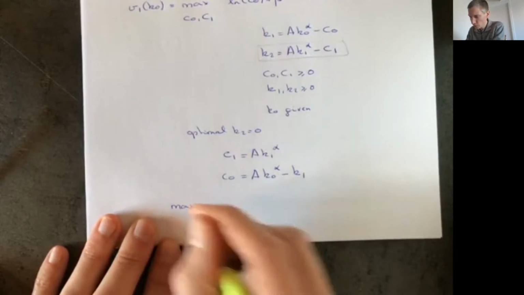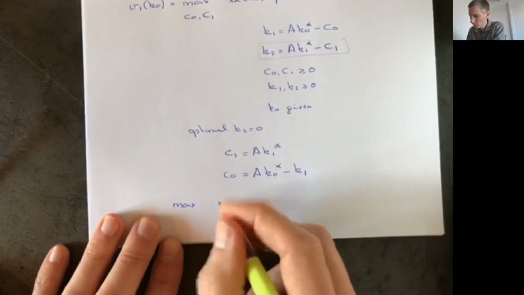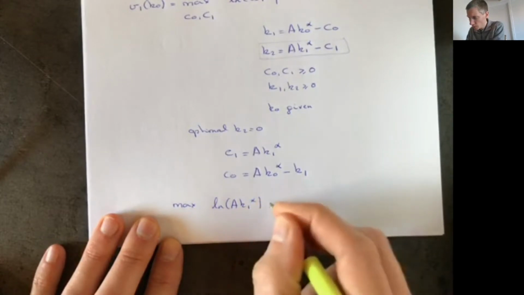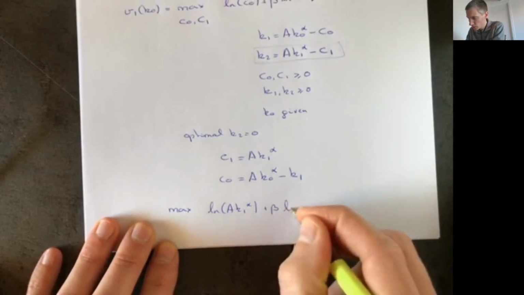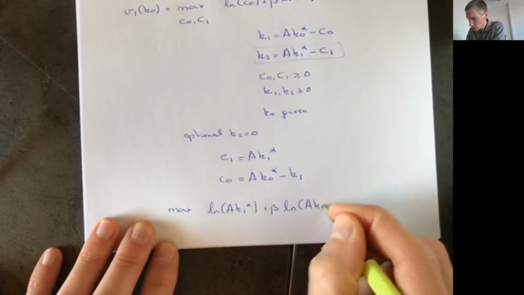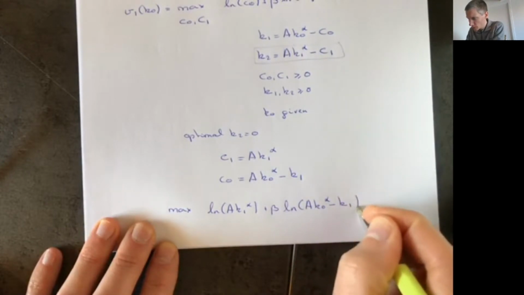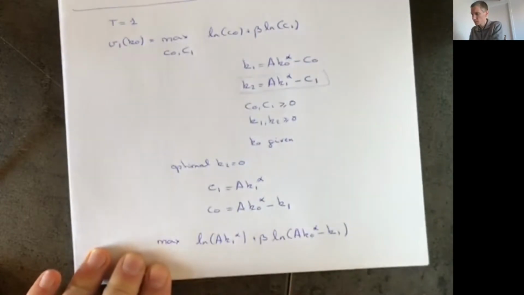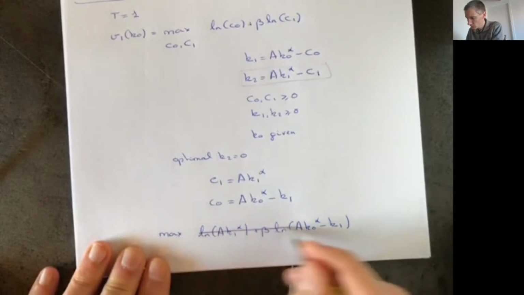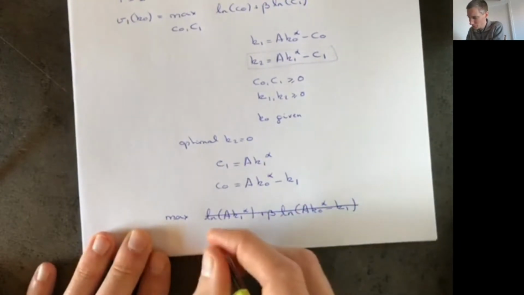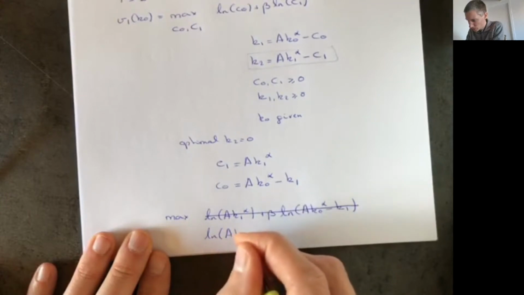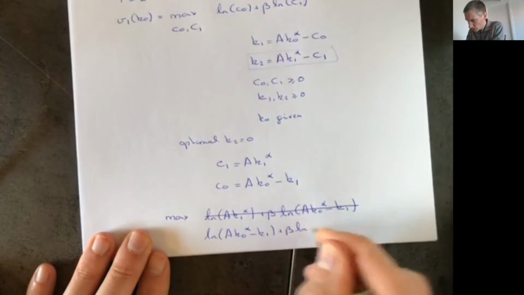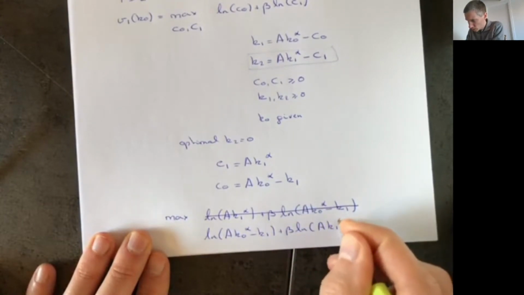So now we're going to try to maximize ln A K1 alpha plus beta ln A K1 alpha minus K1. No, sorry, I switched C1 and C0, so it's ln A K0 alpha minus K1 plus beta ln A K1 alpha.